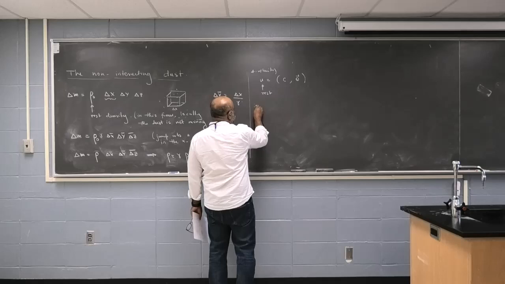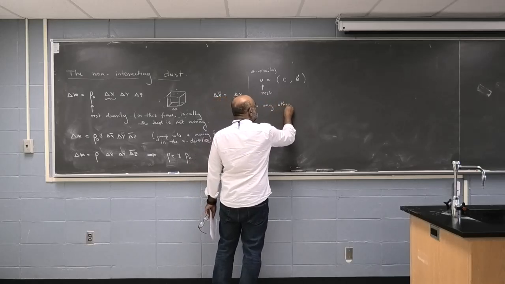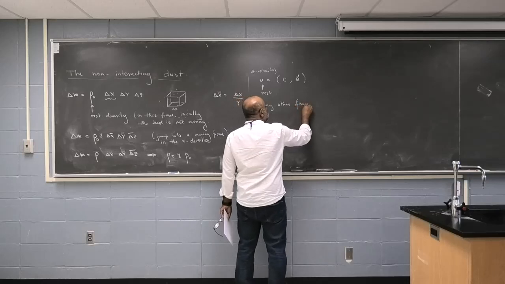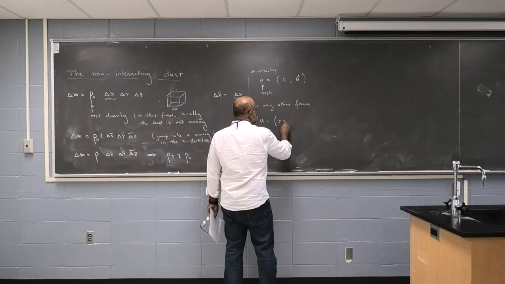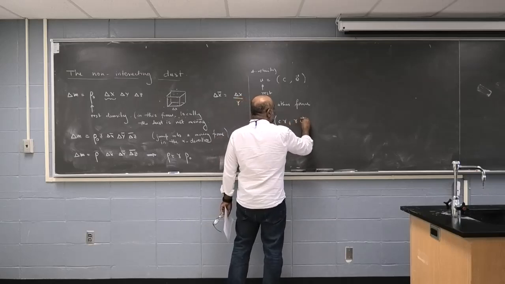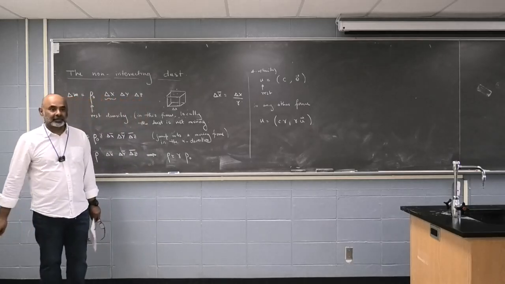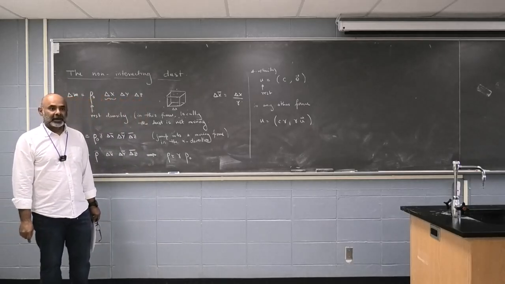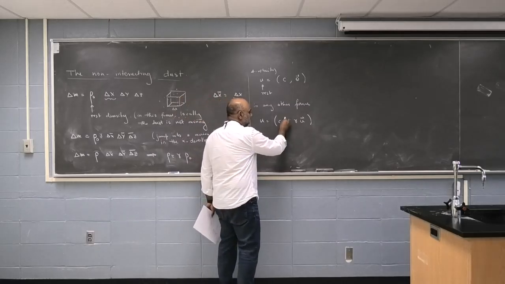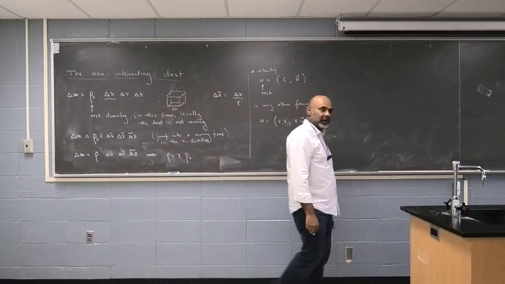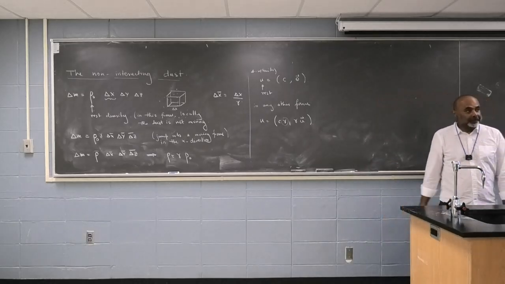In any other frame, U equals c gamma, gamma. So we have this nice way to see something that transforms with a gamma.